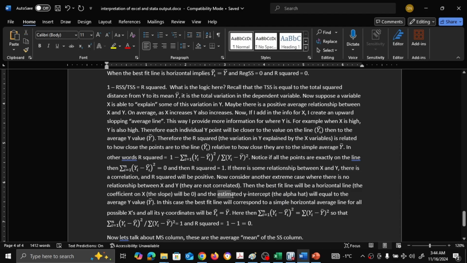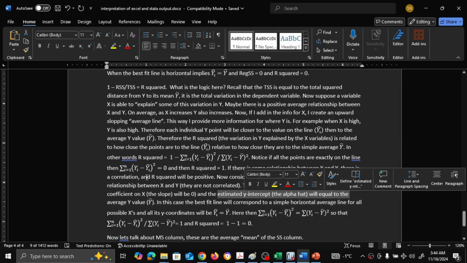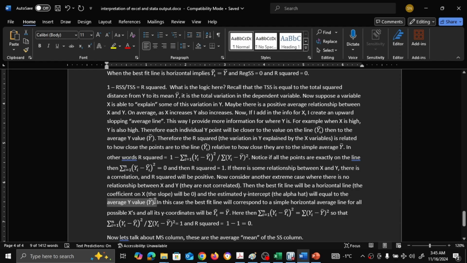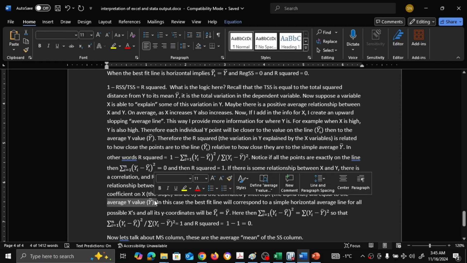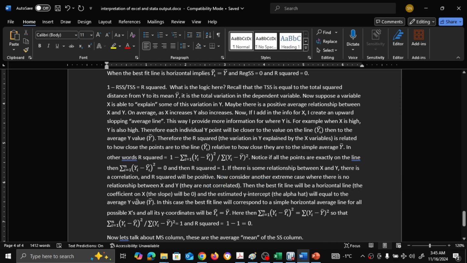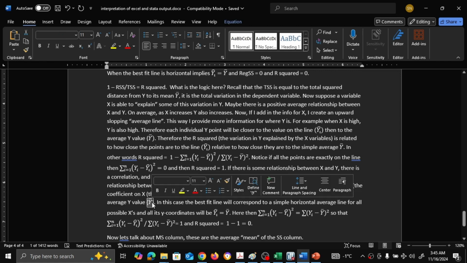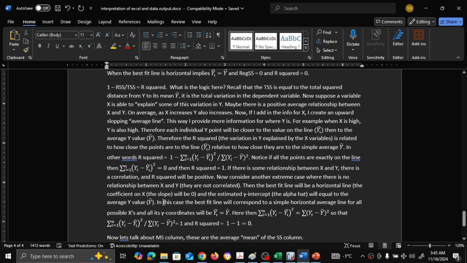And only the estimated y-intercept, the alpha hat, will be some number. And it is going to equal the average y value, y bar, actually. So if beta hat is exactly 0, your best guess for your y-intercept, your alpha hat, is going to be your y bar. Okay, if that makes any sense.